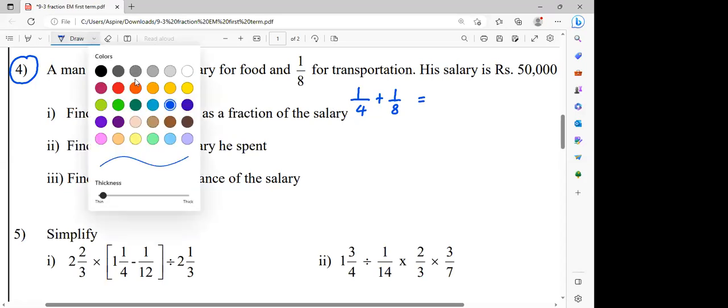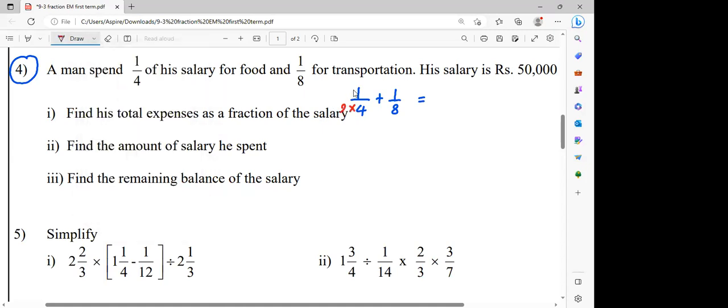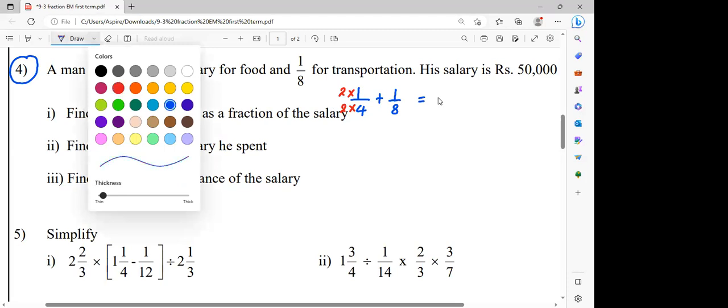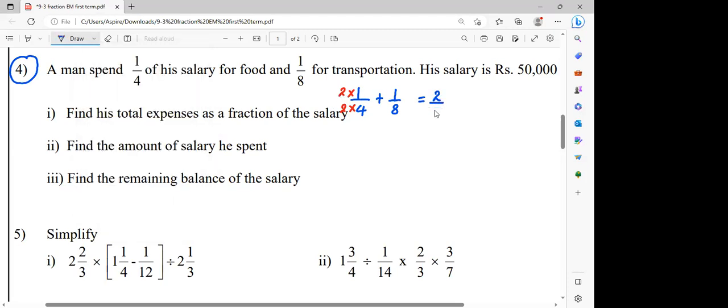So to convert to one denominator, multiply 4 by 2. The numerator also changes. 2 into 1 is 2, 2 into 4 is 8, and then 1/8. So the answer is 3/8. 3/8 is the answer for his total expenses as a fraction of the salary.